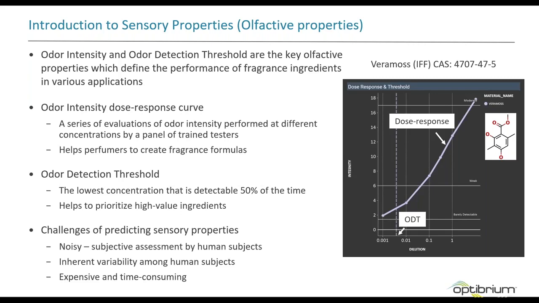Both of these properties, together with the odor character itself and a number of physicochemical properties, determine how well a particular fragrance ingredient will perform in different fragrance applications. The odor intensity dose response curve is a curve which can be traced through or fit to a number of evaluations of odor intensity performed by a panel of trained panelists at a series of different concentrations or dilutions. As shown on this right plot, you see that this is the bold curve.